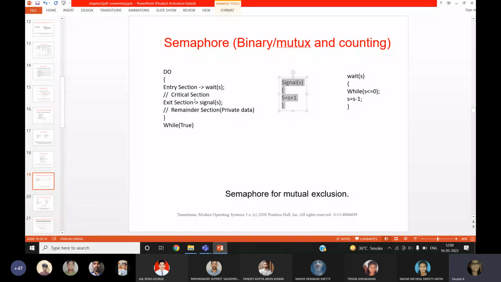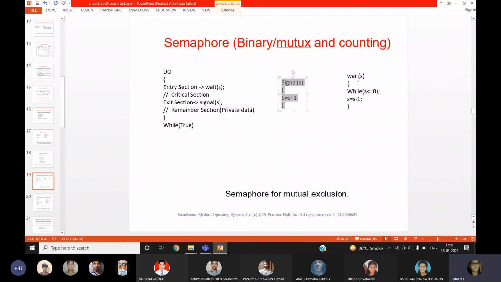Assume that there is a process that wants to enter inside the critical section. So first, it has to execute the wait of S. What will wait of S actually execute? Here comes wait of S. We have to initialize the value for S, no?